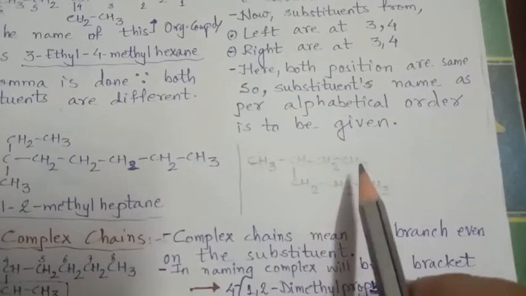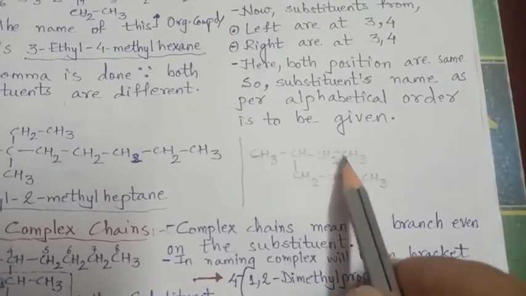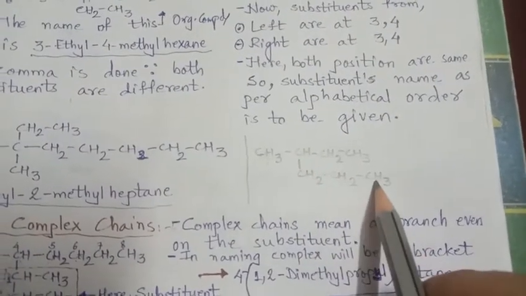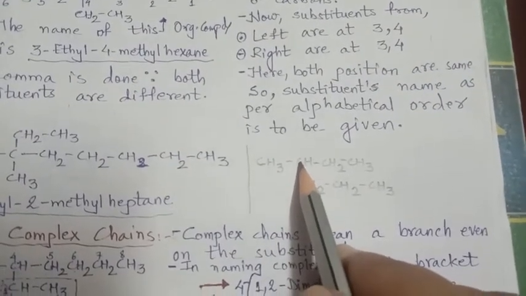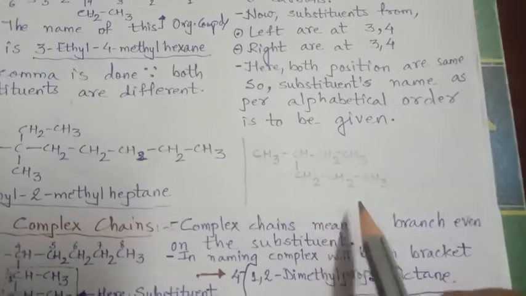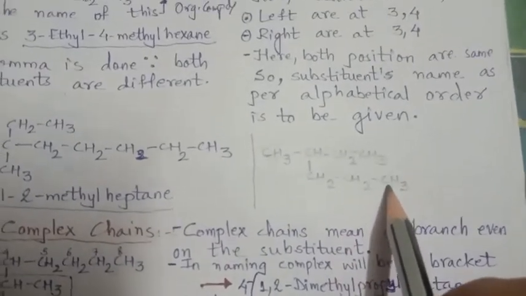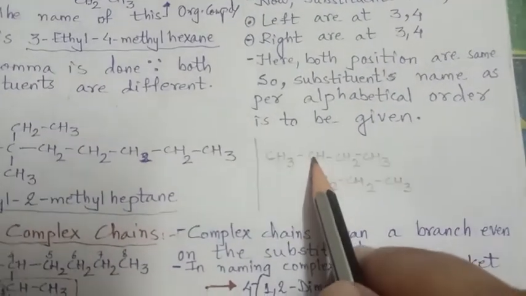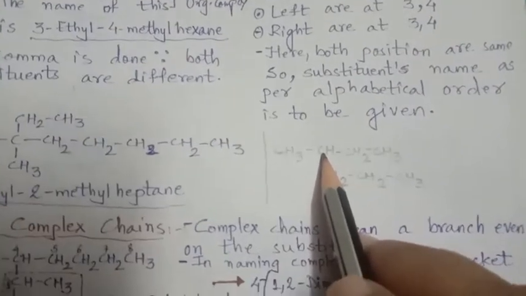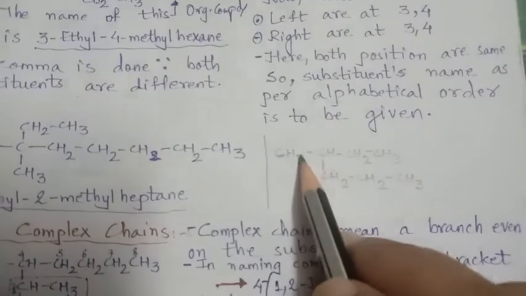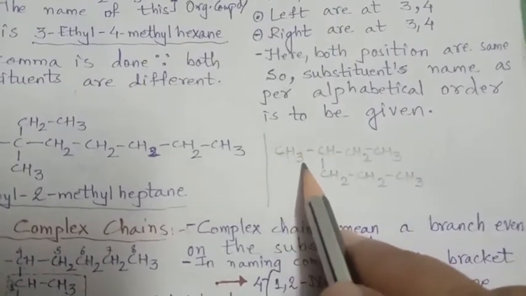Now, when we consider the 6 carbon longest chain, 1, 2, 3, 4, 5, 6, this methyl group is on the third carbon if we count from here. But if we count from the other side, 1, 2, 3, 4, then this methyl group will be on the fourth carbon. So we have to go with the numbering where the substituent gets the lowest position.